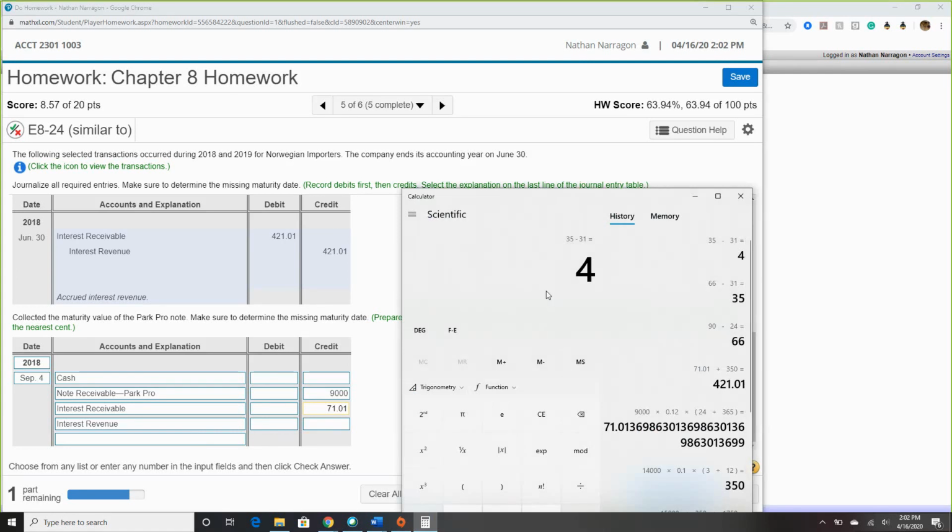So let's go ahead and do the formula: 9,000 times our rate, which was 12% for me, times 66 days, the remaining days of the note, divided by 365 for the year.